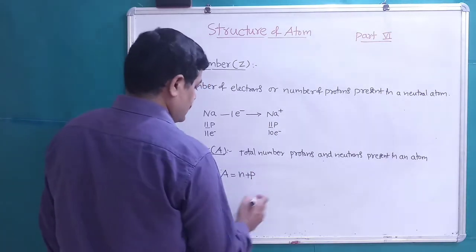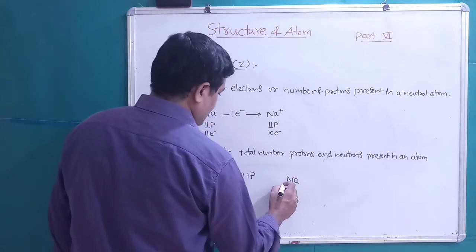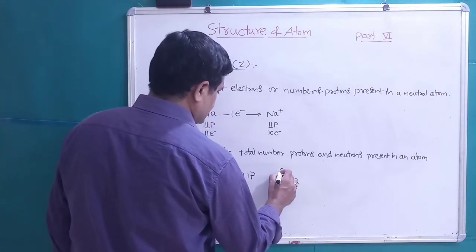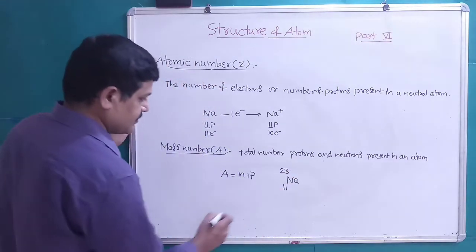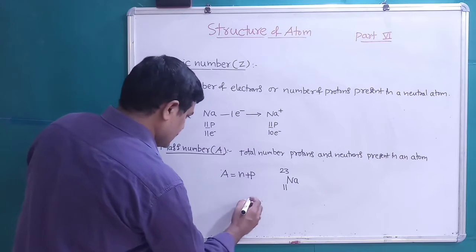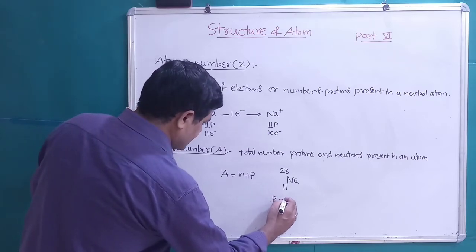For example, take sodium, symbol Na, atomic number 11, mass number 23. From this, the number of protons is 11.